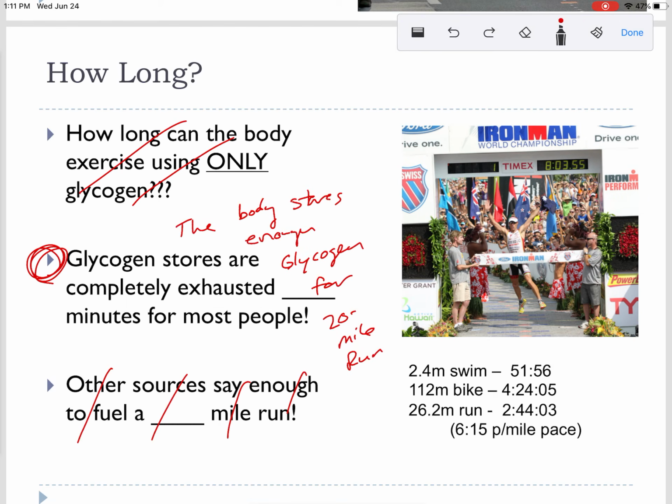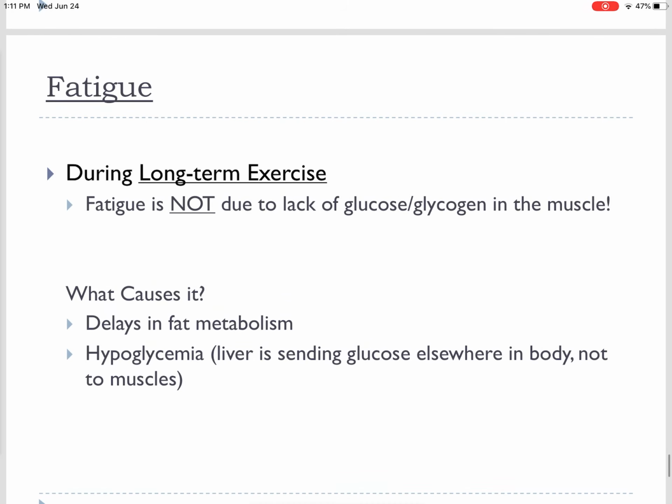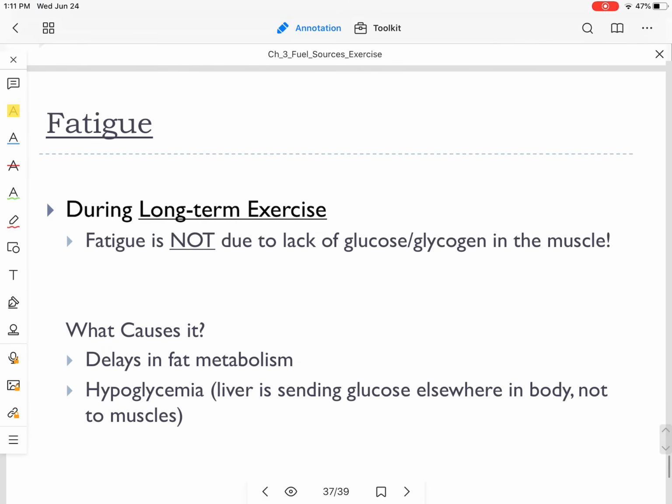Can you believe that? So I'd like you to know that we actually have so much glycogen storage, but it's just not as easy as only having the fuel storage. You also have to have your muscles able to use it.